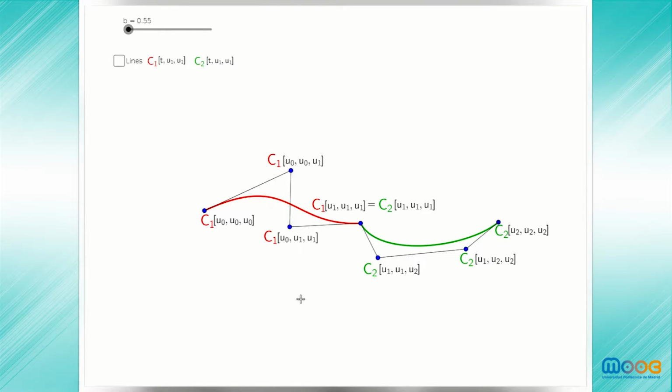Now we are going to try to do the same thing with the C1 condition. The C1 condition is a condition that involves this point and this point. This curve is a continuous curve, but it's not smooth. It has a corner at the joint of the red curve and the green curve.